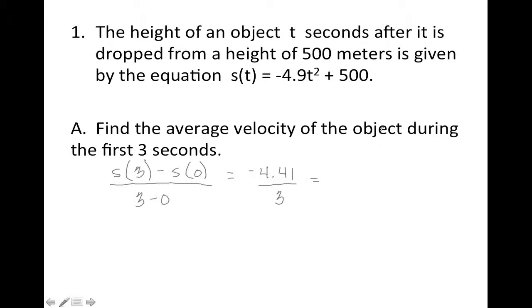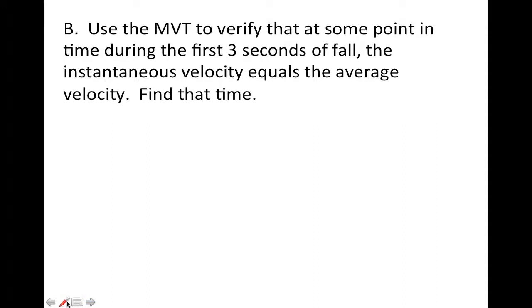So we come out with about negative 1.47, and that would be meters per second. All right, something that we're pretty familiar with, just exactly like we did before. So that would be the average rate of change. So we're going to need that value and come back to it to answer part B, which you see here.